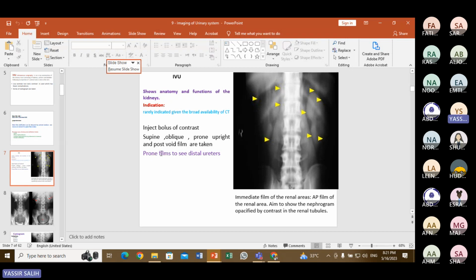The other is the value of prone films. احنا عندنا طبعا many patient position films and IVU can be done.